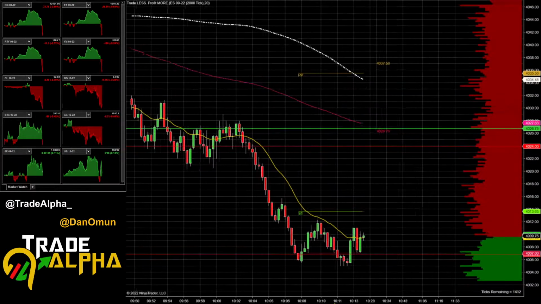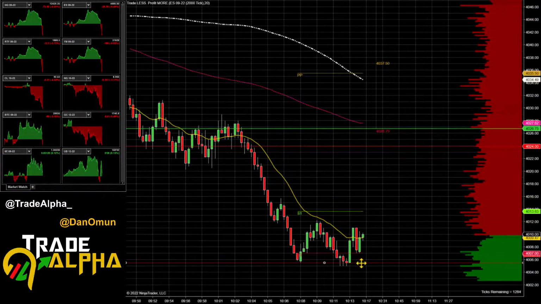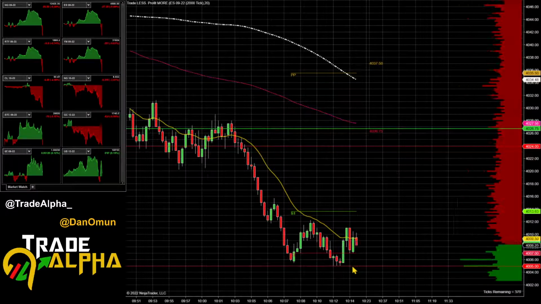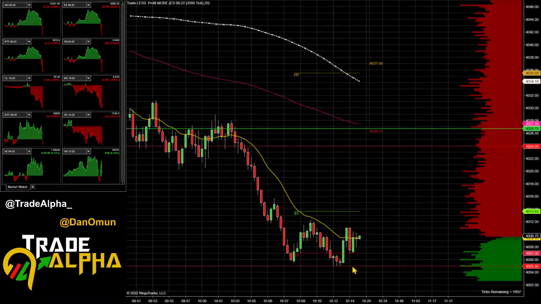What we could see here, even though, oh, and I forgot to mention that a two-legged pullback does not necessarily need to have all of these conditions met. There are certain exceptions, but I wouldn't really advise beginners to make these exceptions on their own.